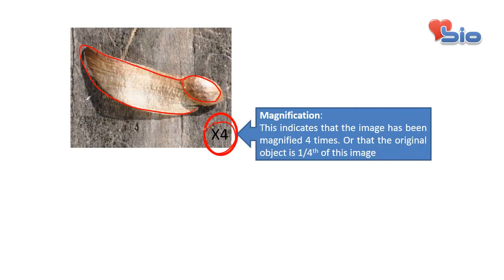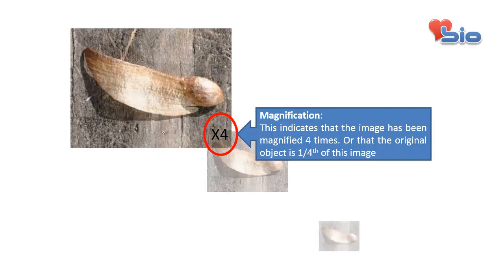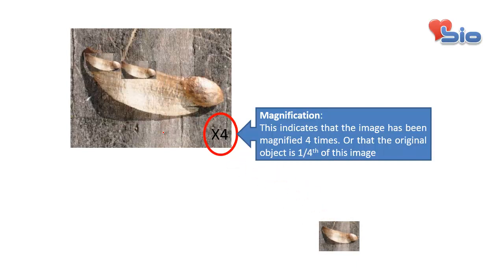This indicates, in other words, the magnification, or as this points out, that the original object is 1/4 of this image. You can picture something like this. I'm just illustrating this for you so you get the point, that the actual object is 1/4 of it, and this picture has been magnified 4 times.